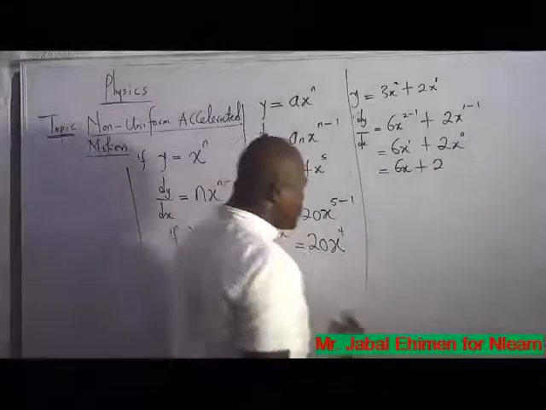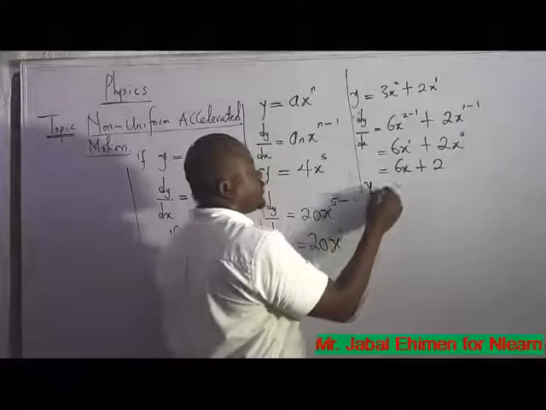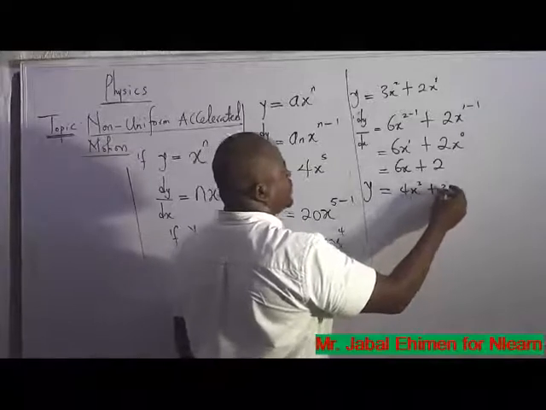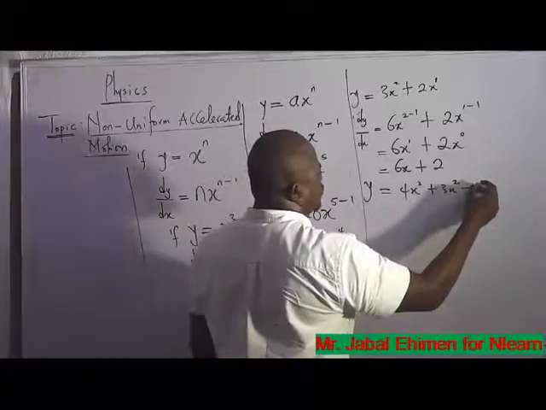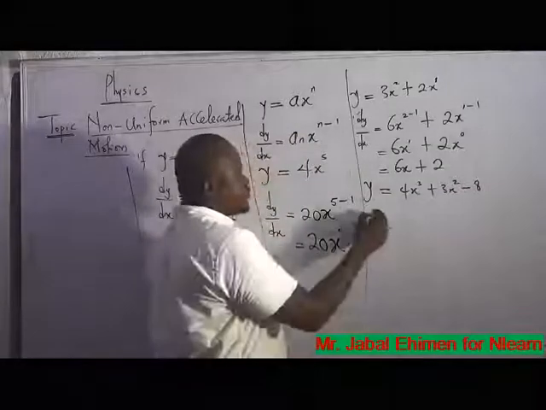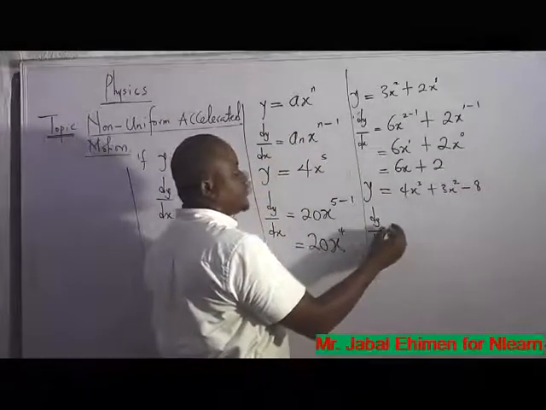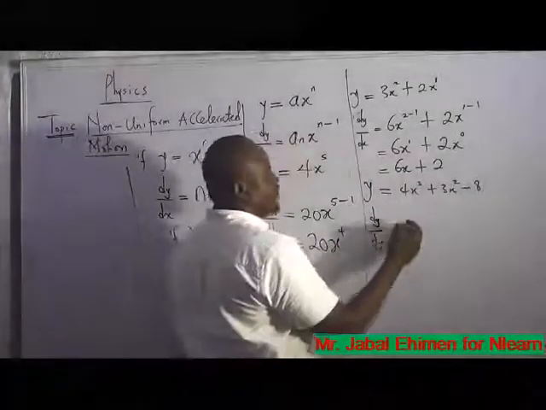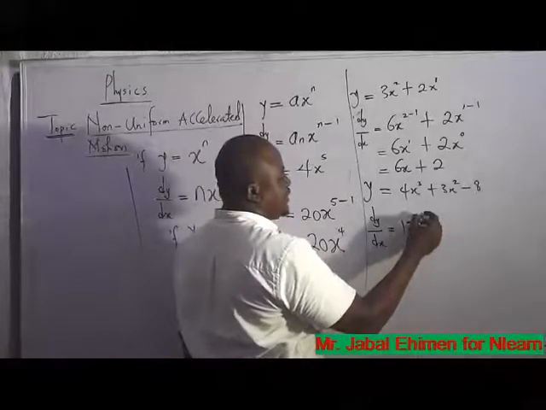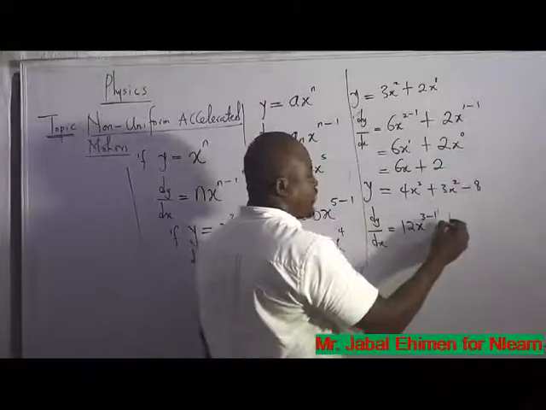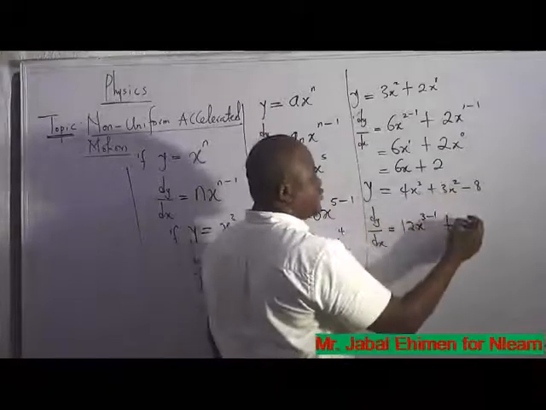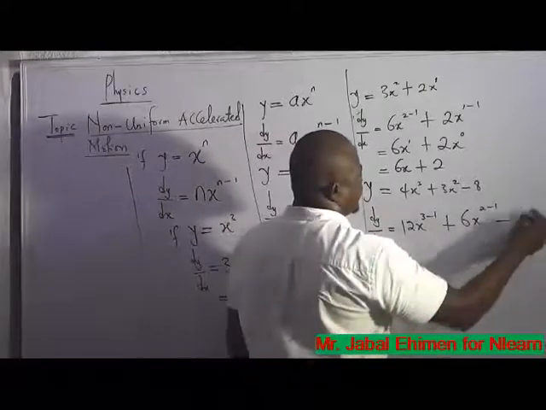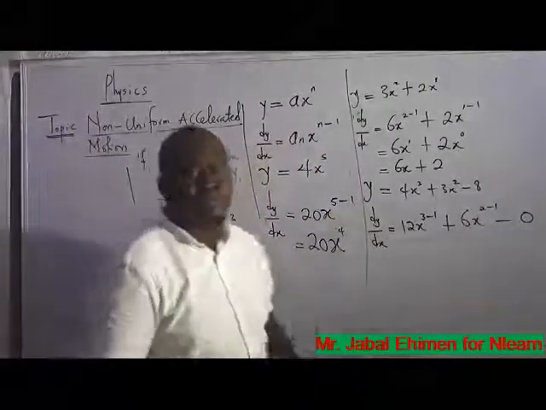Good. What about we try y is equal to 4x cubed plus 3x squared minus 8. So what do you have now? dy over dx will give us, let's start with this. The power at the top will first hit the back. 3 times 4, that will be 12x to the 3 minus 1. So plus 2 times 3, that will be 6x to the 2 minus 1. And the last one is minus 0. Somebody asked me, why do you have to put 0 there?